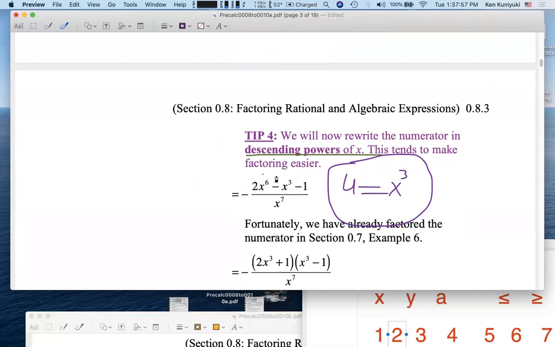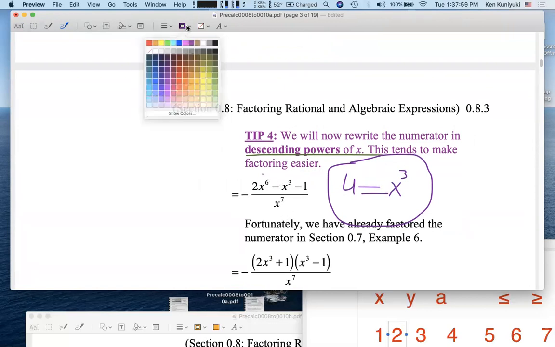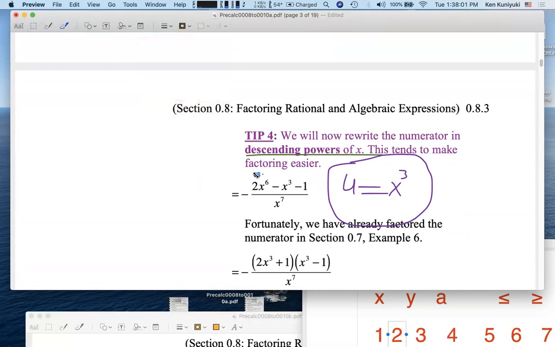You can factor the top directly, I'll do this in green, as this factor, 2x cubed plus 1, times this factor, x cubed minus 1. If the substitution here helps factoring this thing as a QD in u, go for it. We've done that before in section 0.7. And all that goes over x to the 7th.